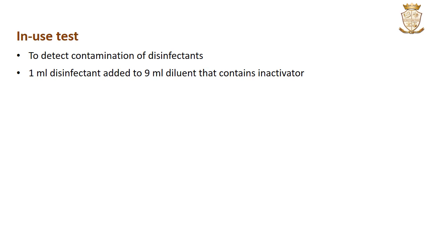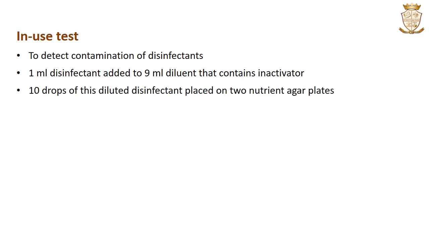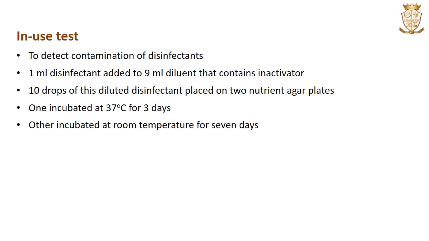After this mixing, 10 drops of this diluted disinfectant will be placed on 2 nutrient agar plates. One plate will be incubated at 37 degrees Celsius for 3 days. The other will be incubated at room temperature for 7 days. If you observe 5 or more colonies on these plates, that means that the disinfectant is contaminated. It cannot be further used.